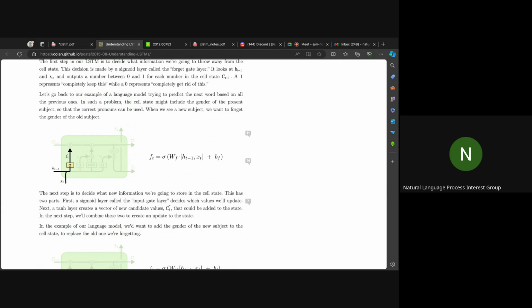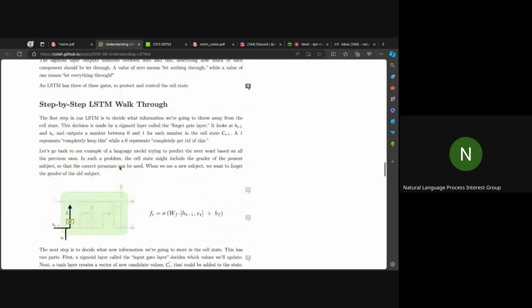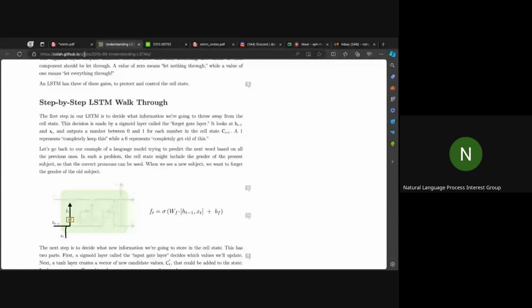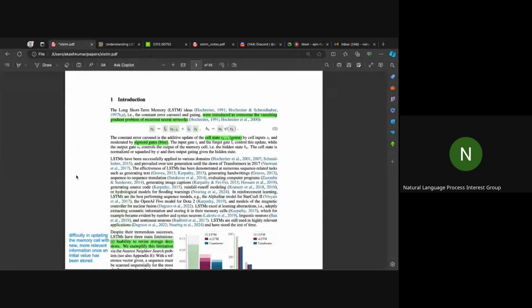And the third operation is the output gate, where, based on the values in the cell state, the model is trying to learn or reason what values of this cell state are useful for the model to output.